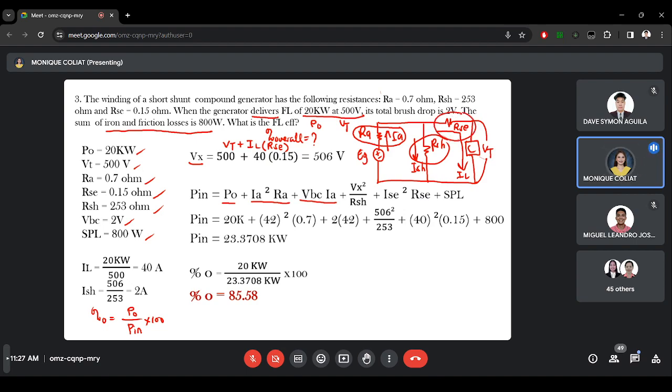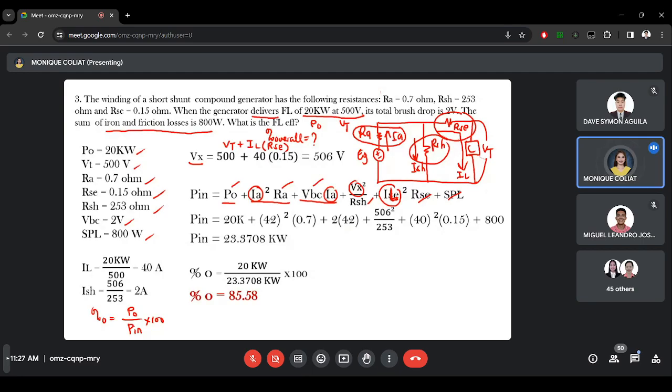After that, what are we going to get? We can get ISH because ISH is equal to VX over RSH. We don't have VX yet, so we have to get VX first. VX is equal to VT plus IL times RSE. VT is 500, IL is 40, and RSE is 0.15.